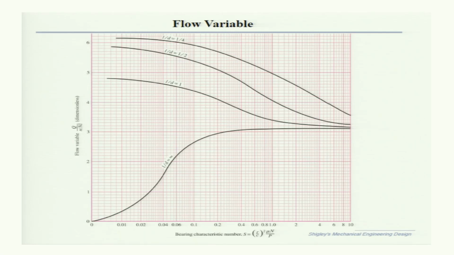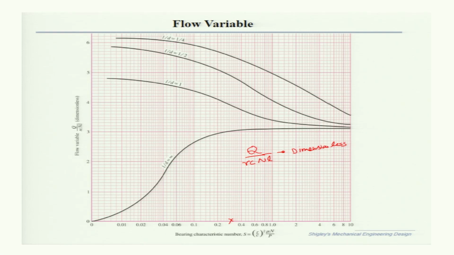Now another performance parameter is the flow variable, which is Q divided by RCNL. It is a dimensionless number. Knowing the Sommerfeld number and the L by D ratio, you will get this Q divided by RCNL.